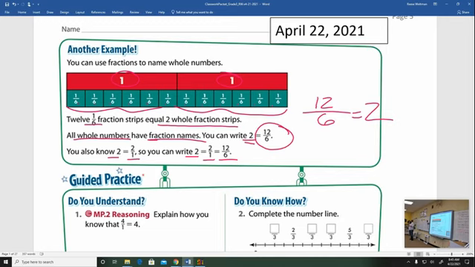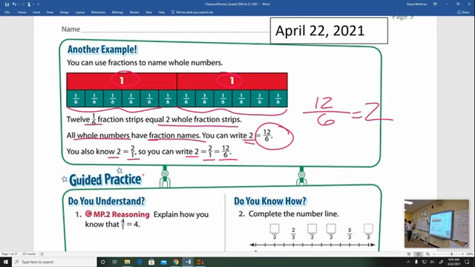Because it's 2 wholes. Well, it is 2 wholes, but what can you call the whole number 2 by the fraction name 2 over 1? Remember what I just said about division?